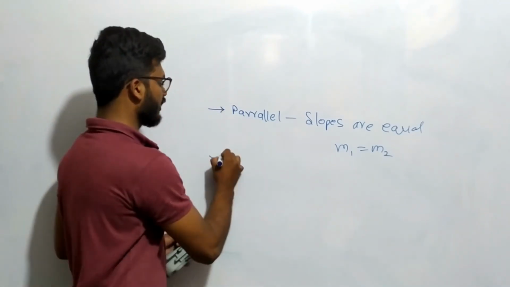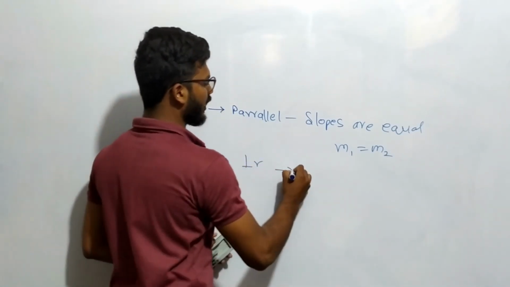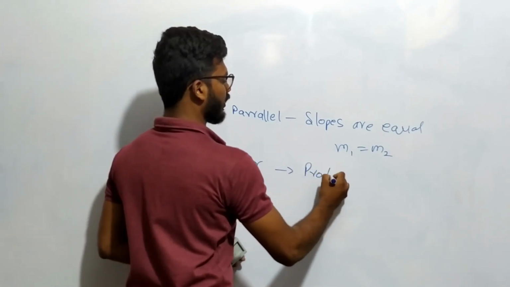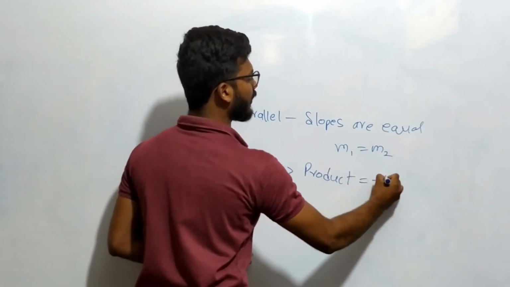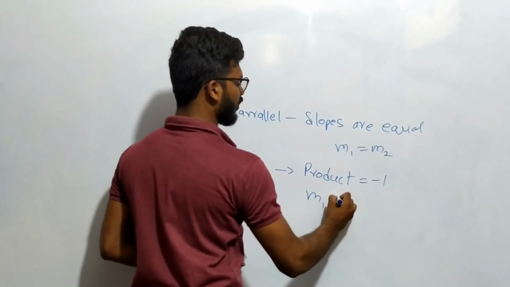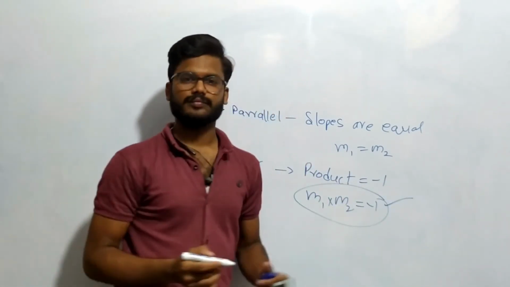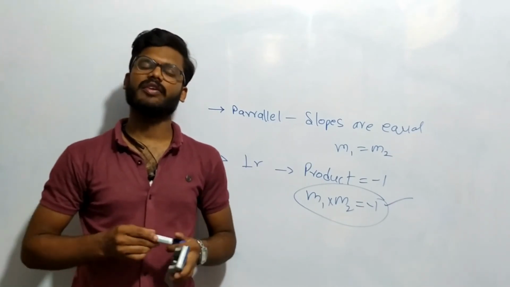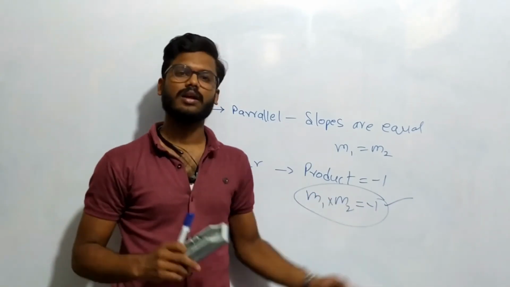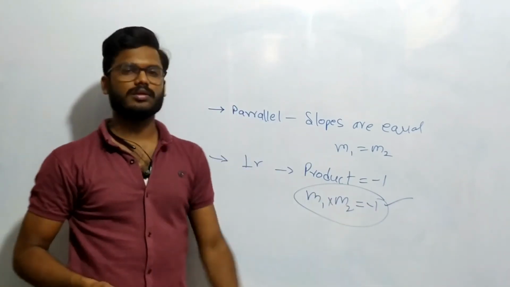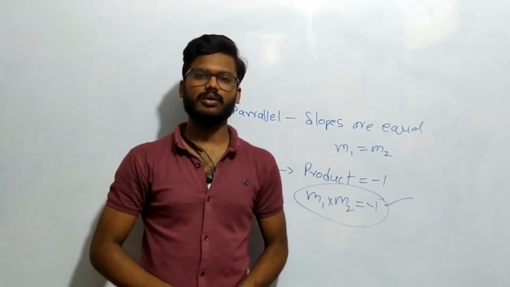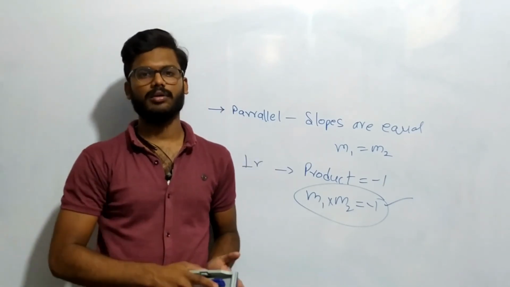In the same way, if two lines are perpendicular, the product of the slopes is equal to minus 1, nothing but m1 into m2 is equal to minus 1. And if the product of the slopes of any two lines is equal to minus 1, then the two lines are perpendicular to each other. This is all about today's topic.